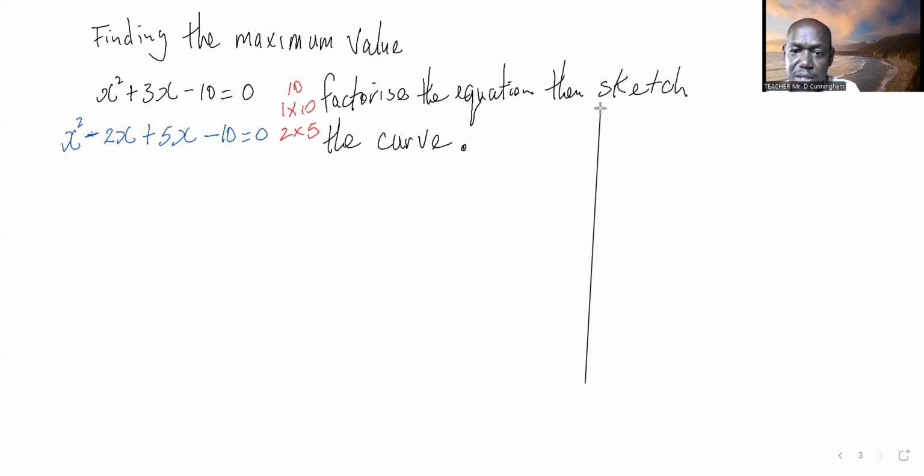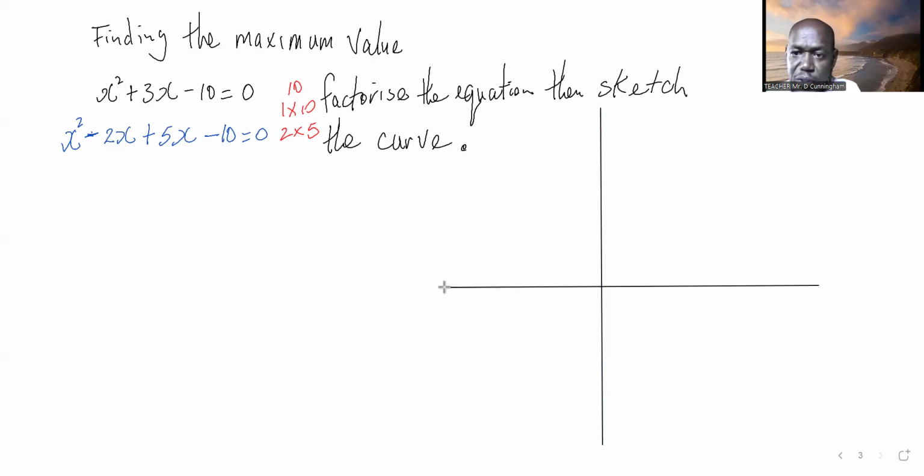Anybody remember how to know? You could open your mic and tell the class, because I think people didn't remember. How would you know where the curve cuts the y-axis? See, that's C. Very good. That would be C. So what is C, Ashley?